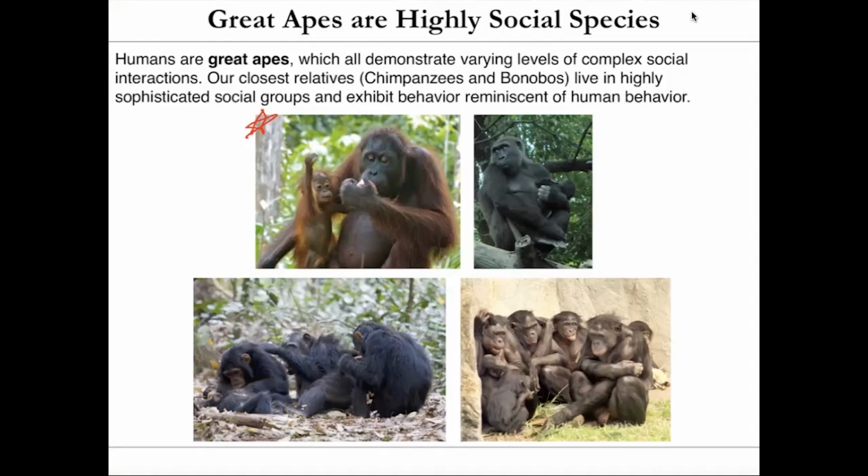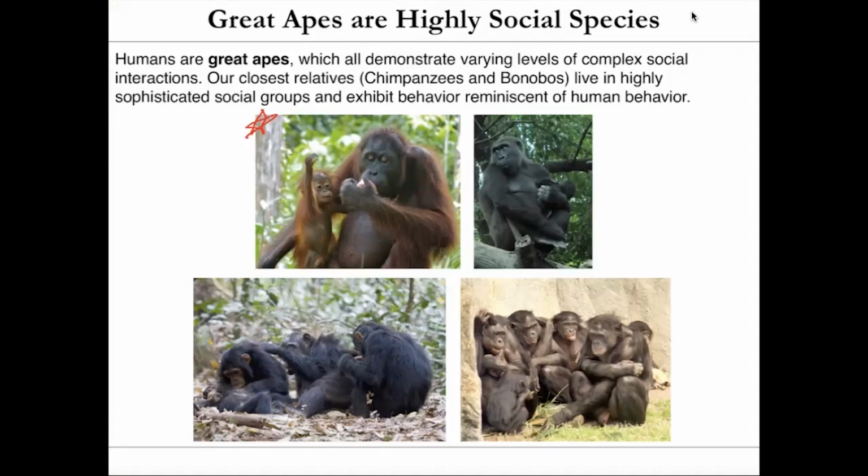Now, bonobos are interesting. They used to be called pygmy chimpanzees, even though they're about the same size as other chimpanzees. But they are known for being way, way less aggressive than chimpanzees. And bonobos also have, interestingly, female dominated social structures.